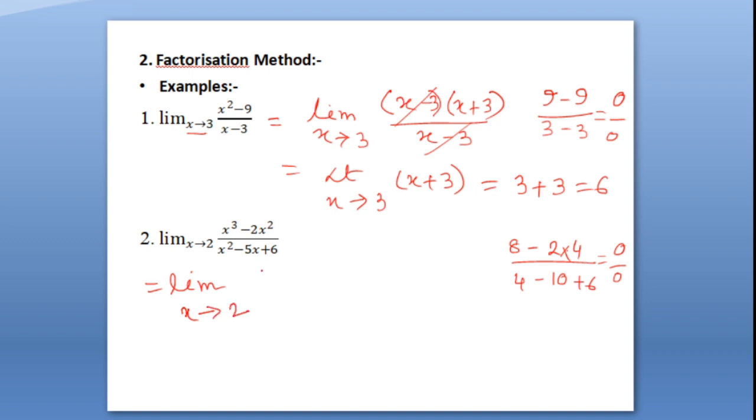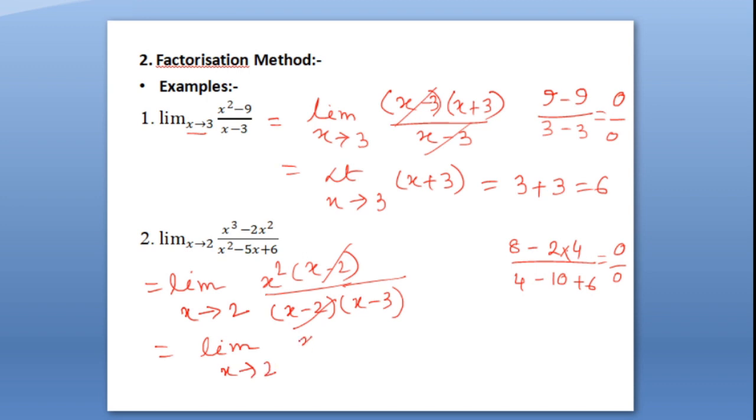We can take x square common, giving x minus 2, and the denominator we factorize as (x minus 2) into (x minus 3) using the middle term. Then x minus 2 cancels, and the limit as x tends to 2 is x square by x minus 3. Now this will be 2 square, 4, by 2 minus 3, so the answer will be minus 4.